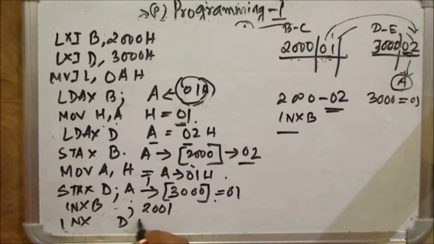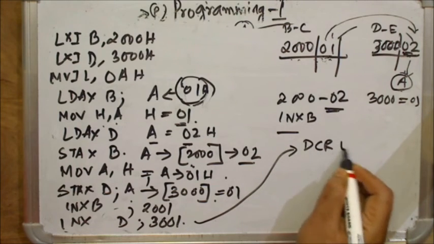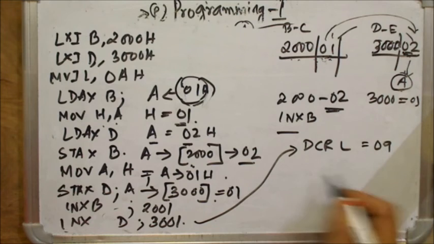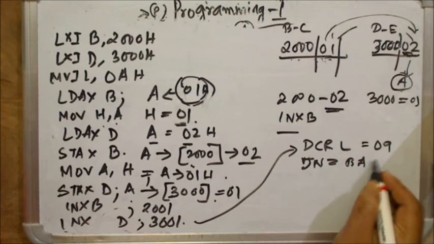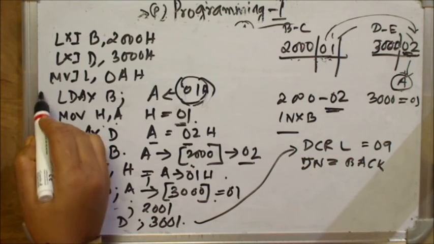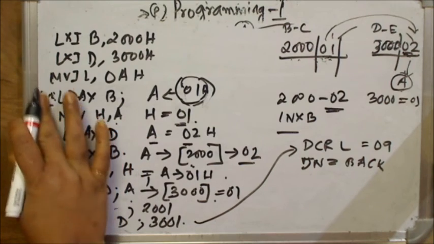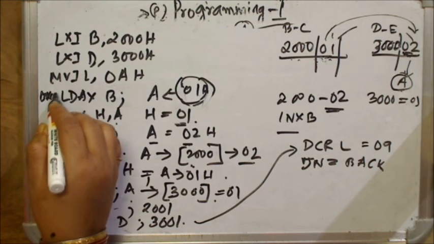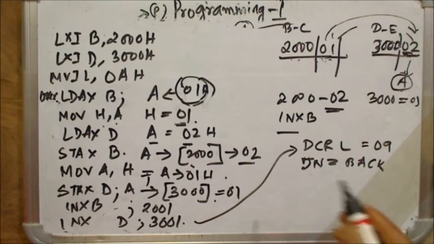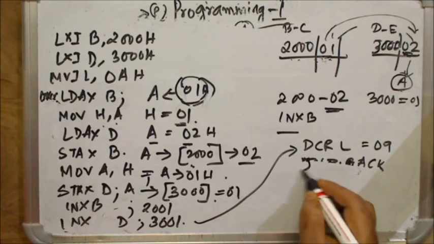INX D, DE will be 3001. Okay, then DCR L will be 09. Then JNZ back. How will we put the label back here? Okay, back. Then we will end the program.